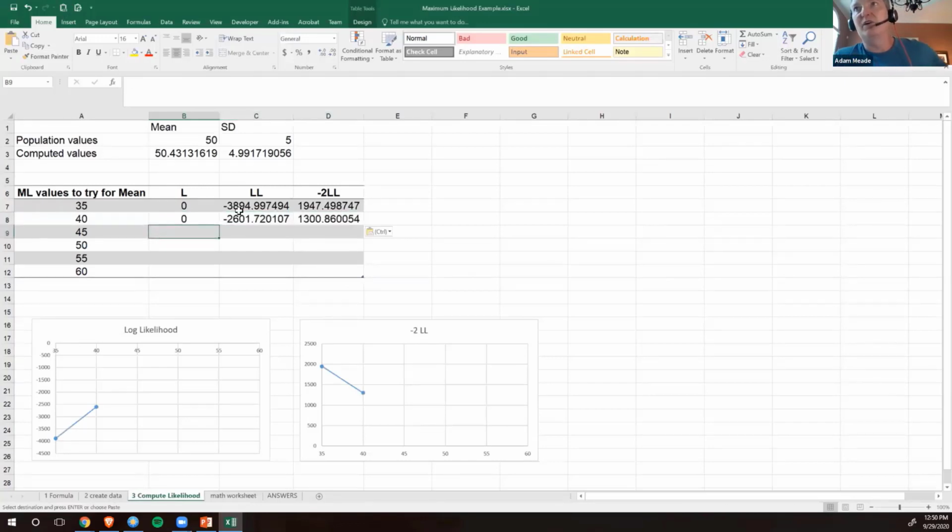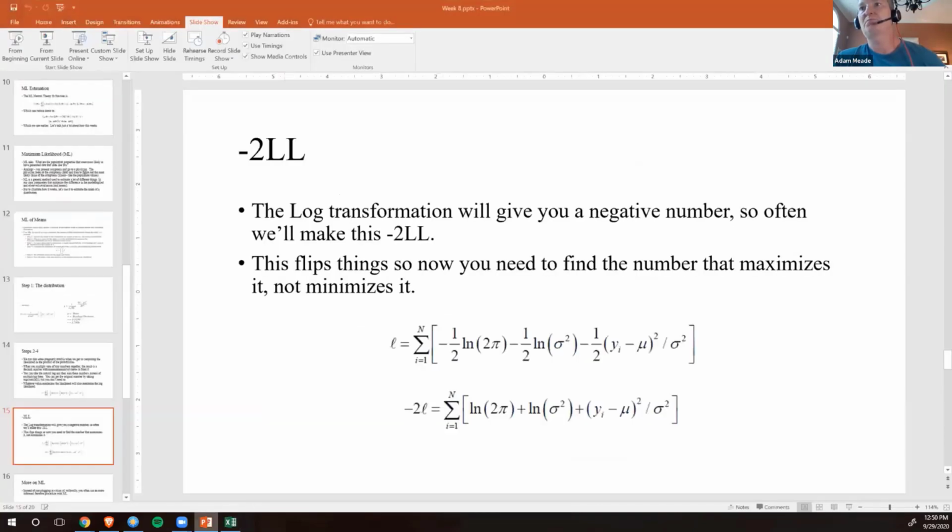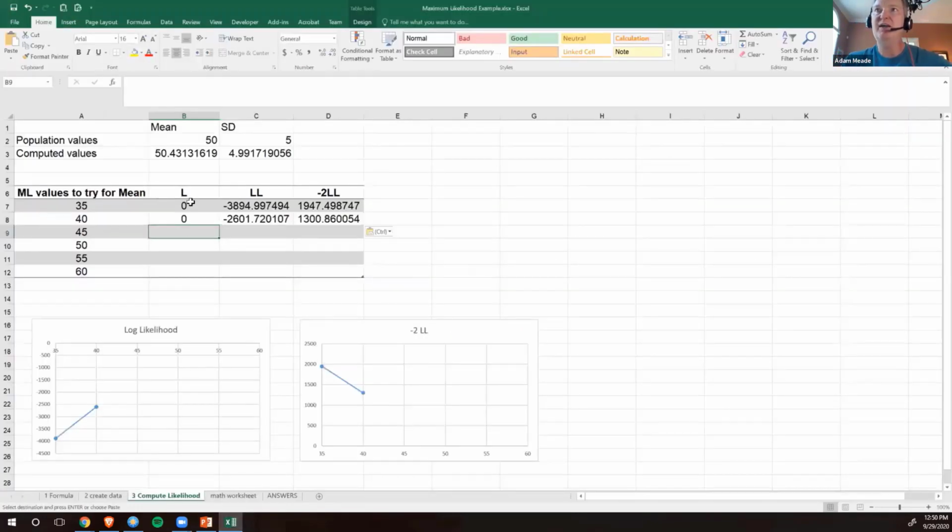This number is getting a little bit bigger because it's a smaller negative number, which means it's bigger. And this number is getting a little bit smaller. Okay, so normally what we would be trying to do is find the maximum. We're going to fill in all these numbers here. Let me go ahead and do this.